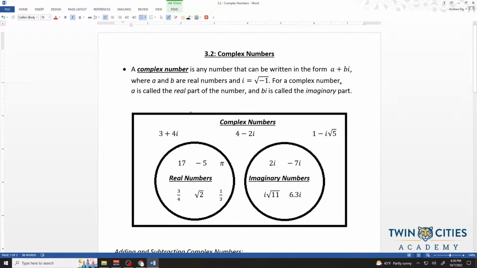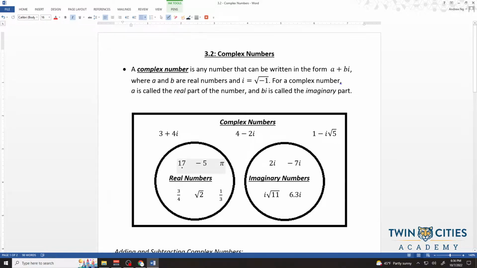For a complex number, a is the real part of the number and bi is the imaginary part. And so complex numbers look like this: 3 plus 4i, 4 minus 2i, 1 minus i square root of 5. But they could also look like this: 17, -5, pi, and so forth.